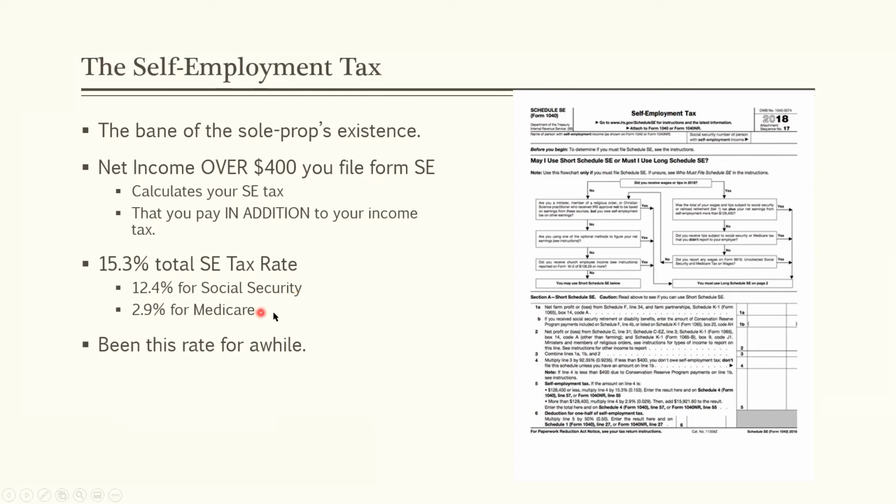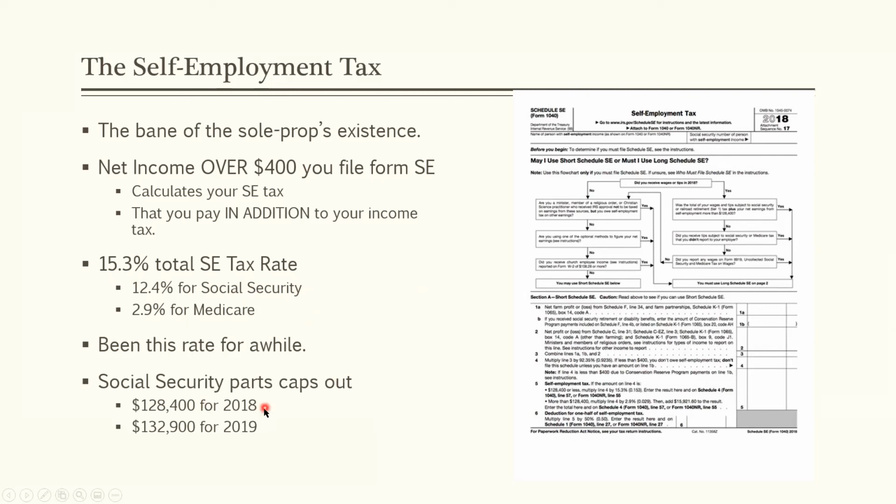Same thing for Medicare. They withhold 1.45% from you, and they pay 1.45% from their pocket. And so that's how we get this 15.3%. When you're self-employed, there's nobody to match your withholdings, and so you have to pay it yourself. And so that's where this becomes a problem.